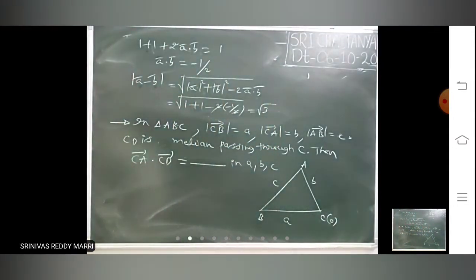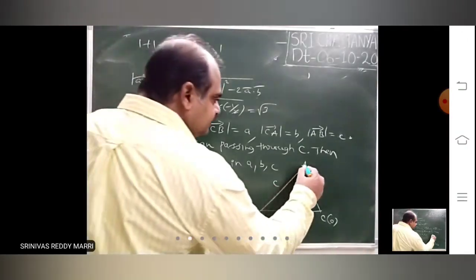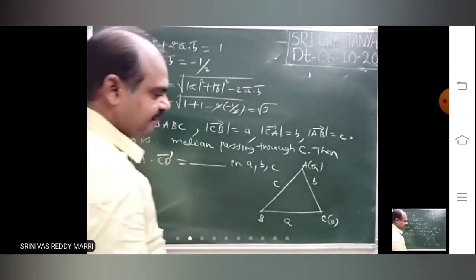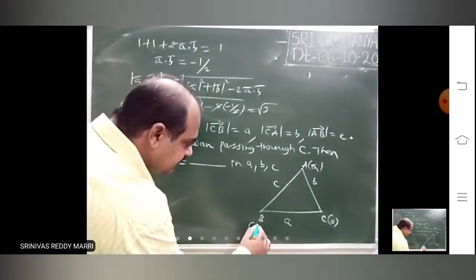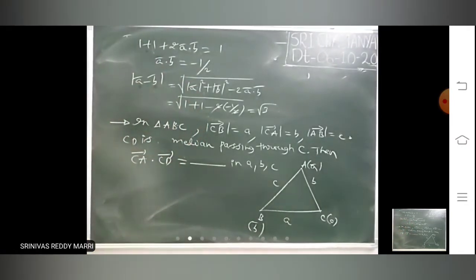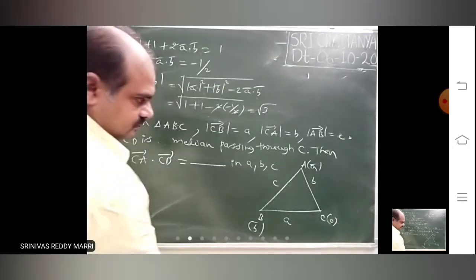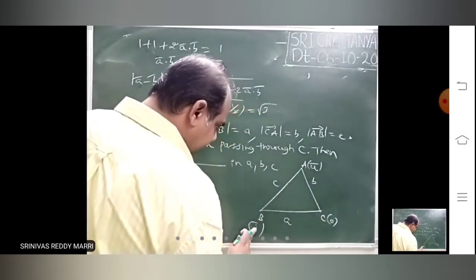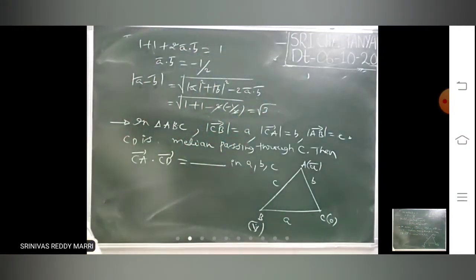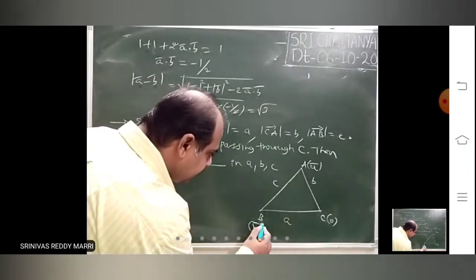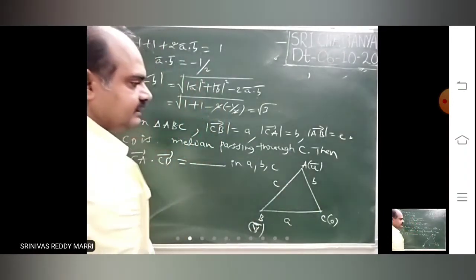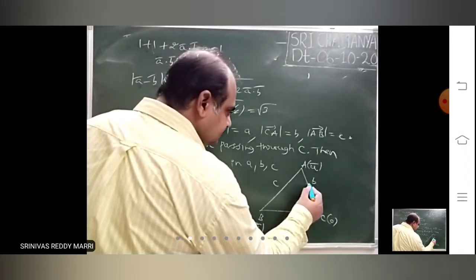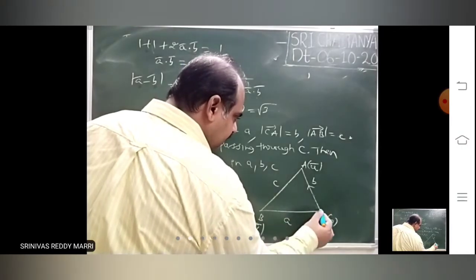I am taking one vertex as origin, and the position vector of this one I am taking as U bar, and this position vector I am taking as V bar.